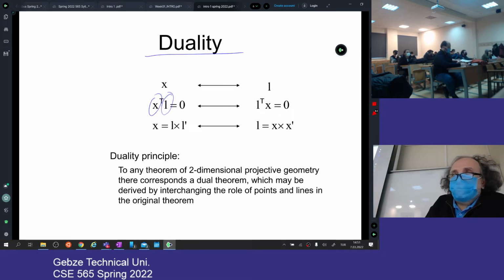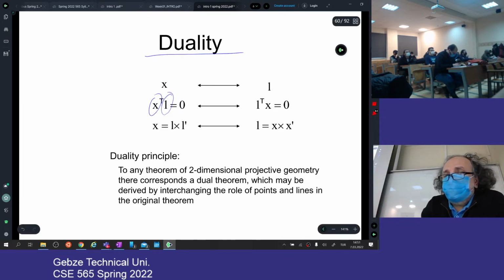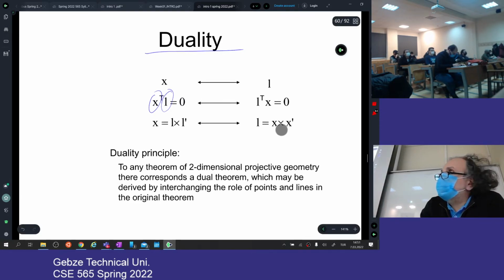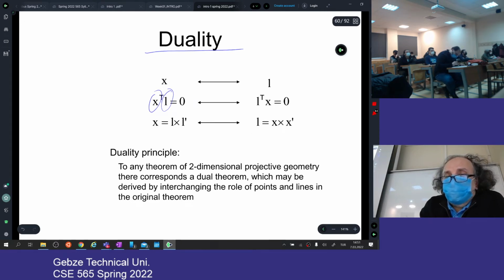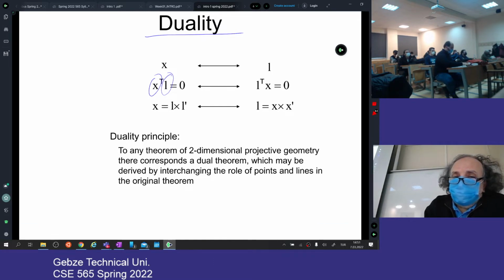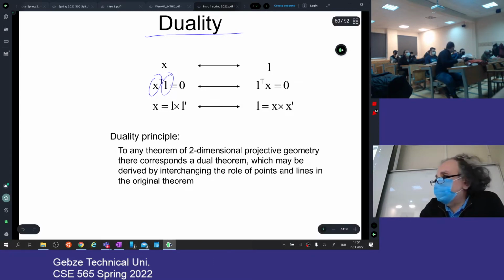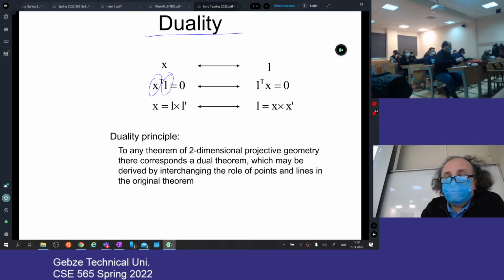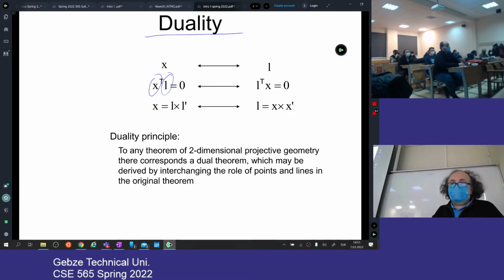Whatever you can say about the points, you can say the same thing with the lines too. So that's called the duality principle. The same thing again. If I cross product 2 points, I will get a line. If I cross product 2 lines, I would get a point, right? So the formulation is exactly the same. So any theorem of two-dimensional projective geometry has a corresponding dual theorem, which may be derived by interchanging the role of points and lines.